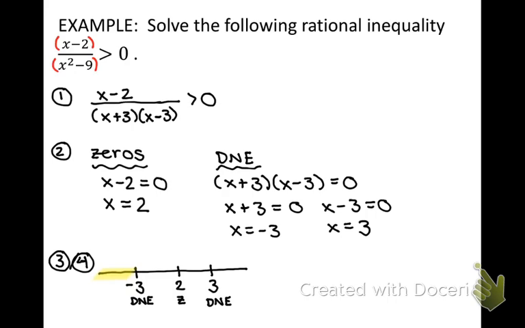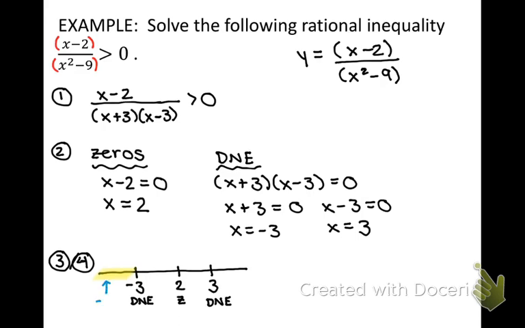You can either A, use your graphing calculator and enter y equals x minus 2 divided by x squared minus 9, using those parentheses, and get a picture. You're then going to look on your graph to the left of negative 3 to determine if it's positive or negative.